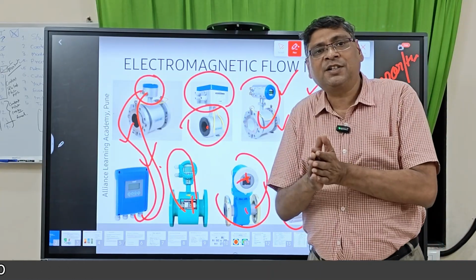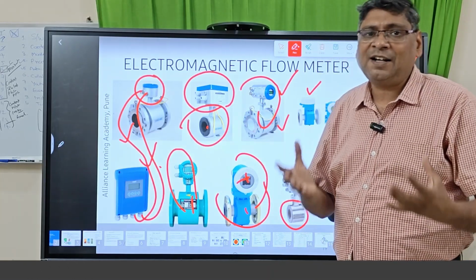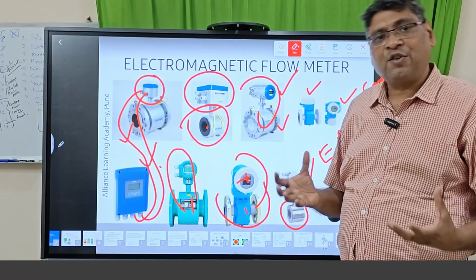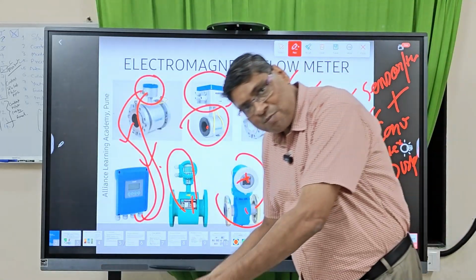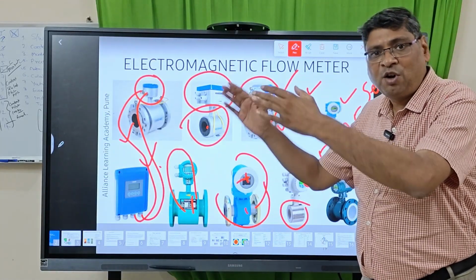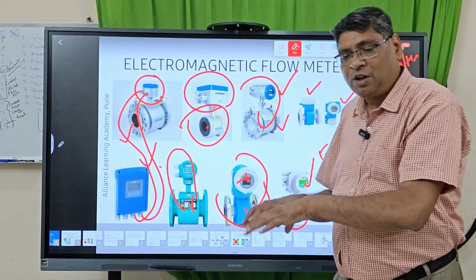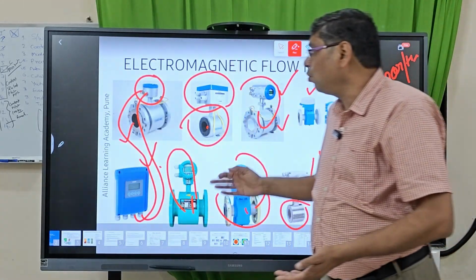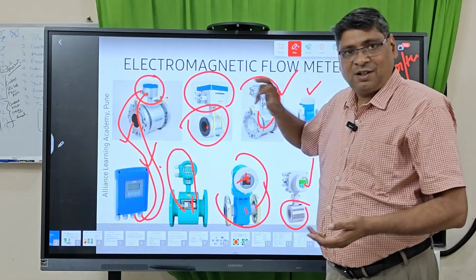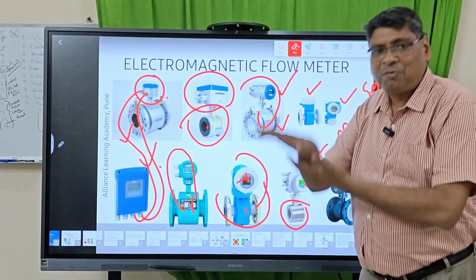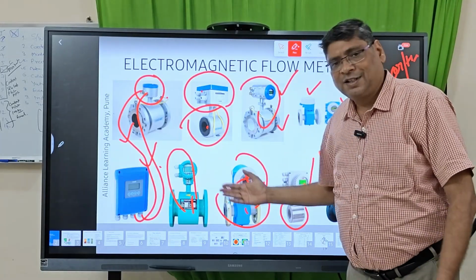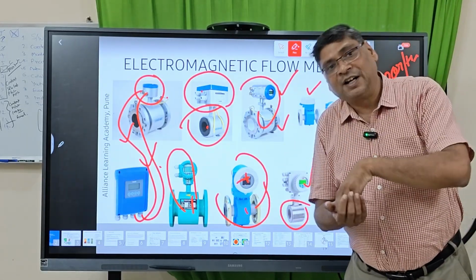Depending on the application, you have to select these kinds of configuration of electromagnetic flow meters. If it is inside a chamber, and the chamber can be full of water, and the location is remote, then you have to choose like this. But inside the plant, pump house and so on, where pipelines are above the ground, you can choose the integral type.